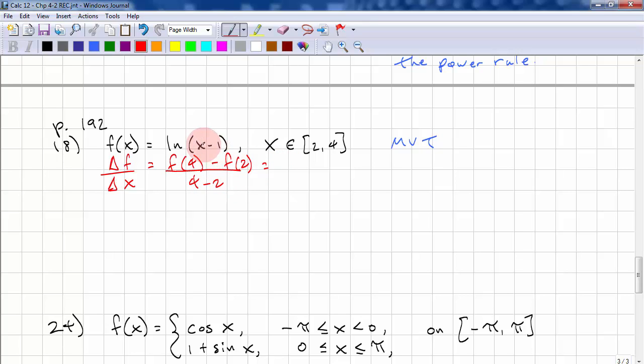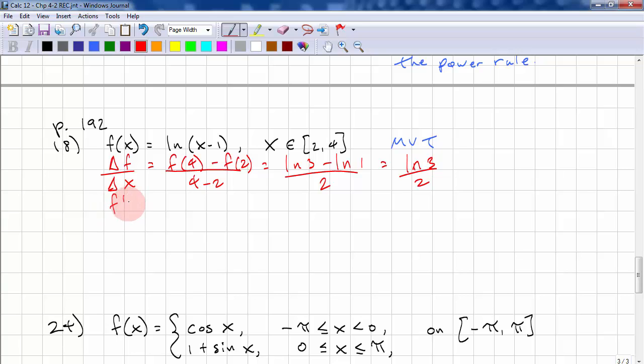So we're taking ln of 4 minus 1, that's ln 3, minus ln 2 minus 1, so that's ln 1, over 4 minus 2, that's 2. Ln 1 is simply 0, so we have ln 3 over 2. That's our average rate of change.